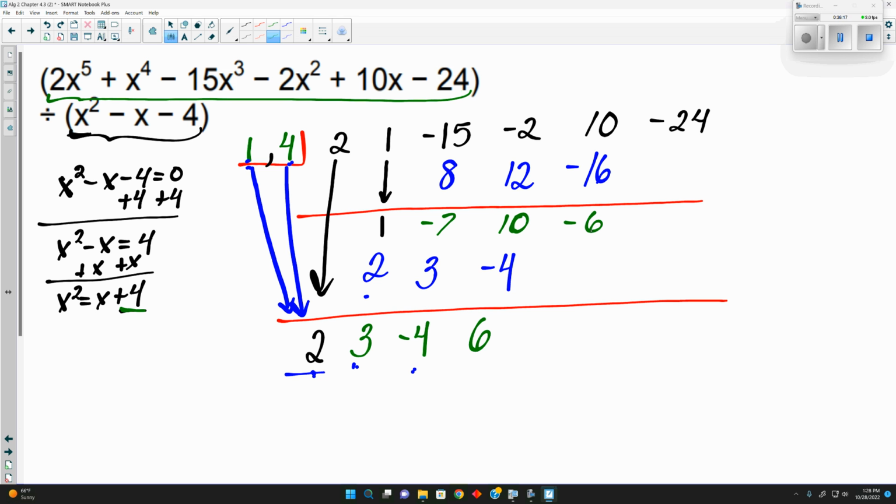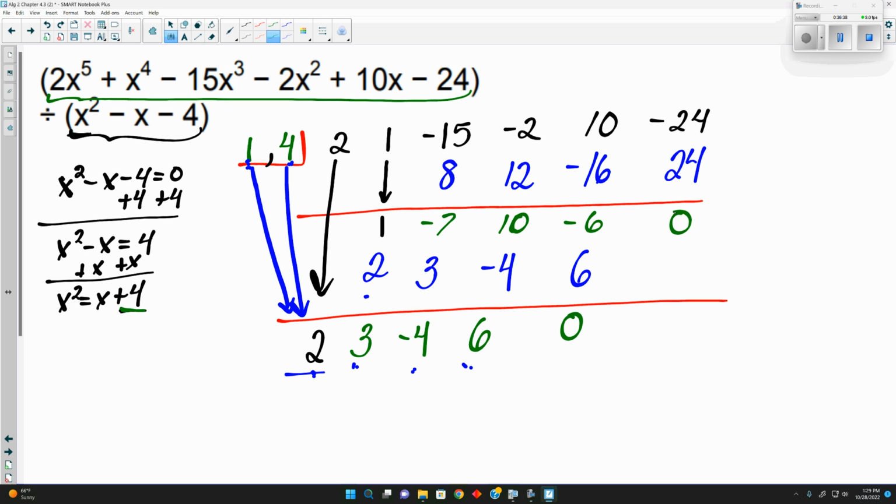Well, we multiply again. We're going to do 1 times 6 is 6. 4 times 6 is 24, and again we add. Negative 6 plus 6 is 0, negative 24 plus 24 is 0.